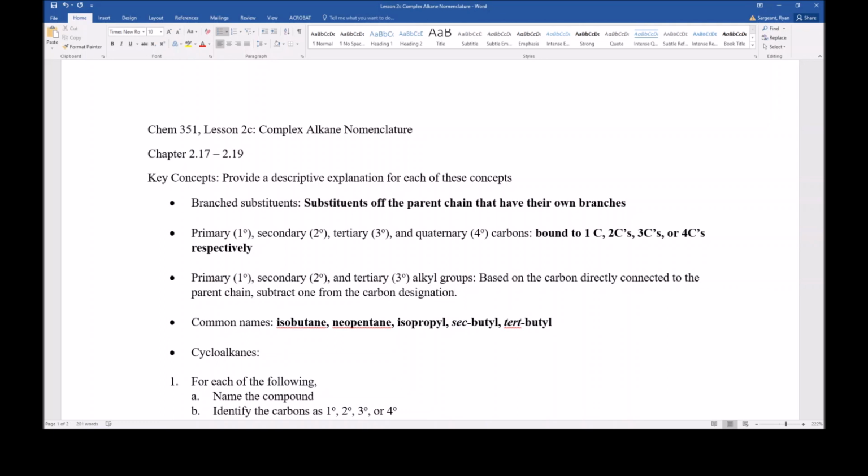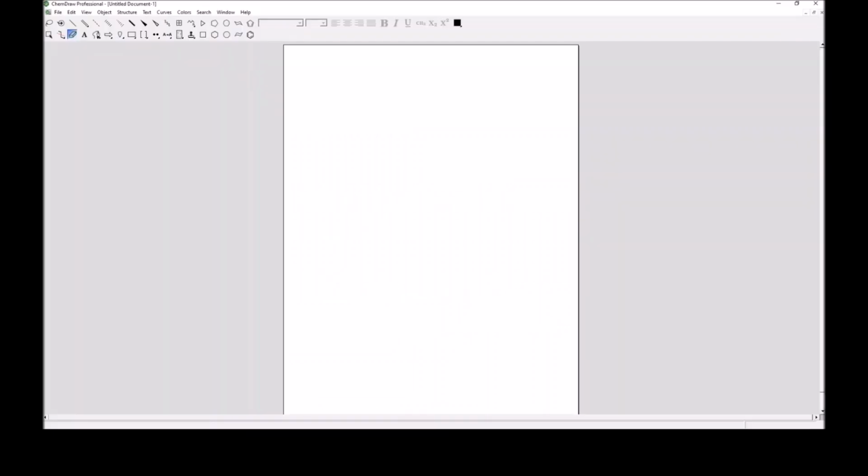That's probably the worst possible way of saying that, but good enough. What I'm trying to communicate is the idea that if your substituent is branched off the parent chain and the carbon of the substituent that is directly connected to the parent chain is secondary, then your substituent is called a primary substituent. Let's show that in the context of a couple of examples.